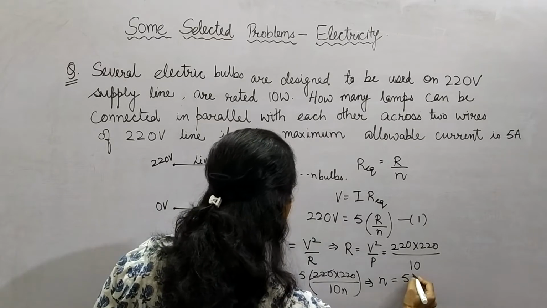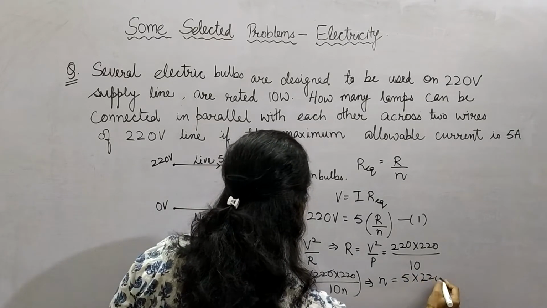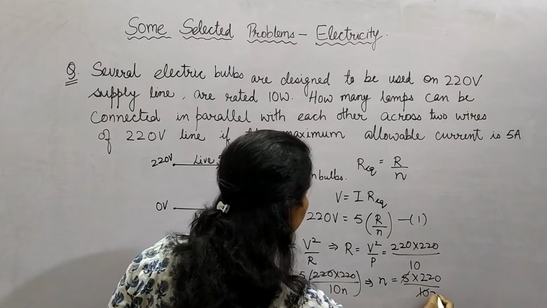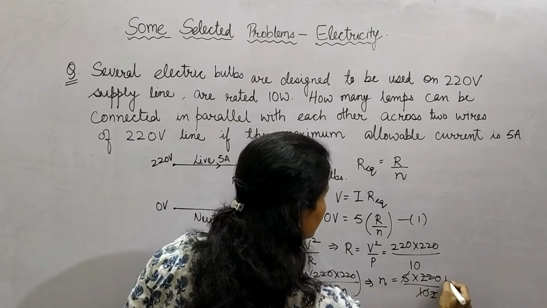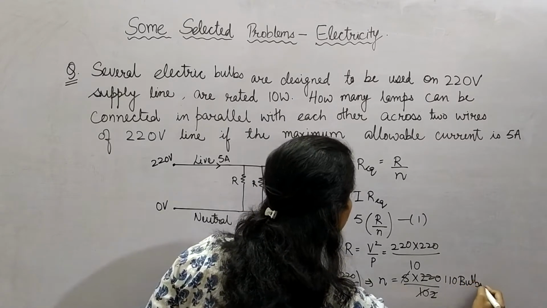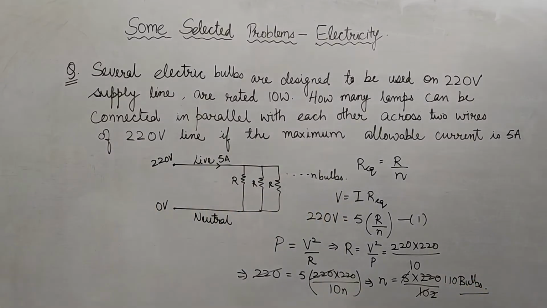This gives us 5 multiplied by 220 upon 10. You can simplify it to get 110 bulbs. So this is the number of bulbs that are required to be connected in the given condition so that the current conditions are fulfilled, and you get the result like this.